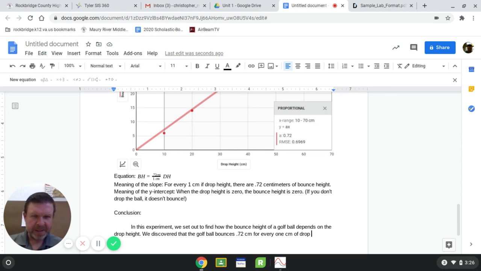Notice that I'm restating here. That's the meaning of the slope. I don't think I need to restate that you don't drop it doesn't bounce thing. That's kind of obvious. So we discovered that the golf ball bounces 0.72 centimeters for every 1 centimeter of drop height.